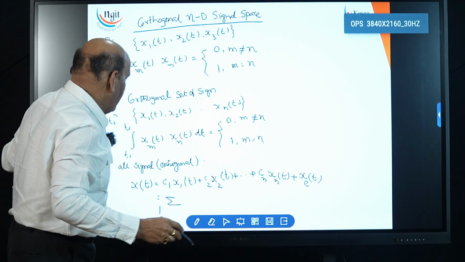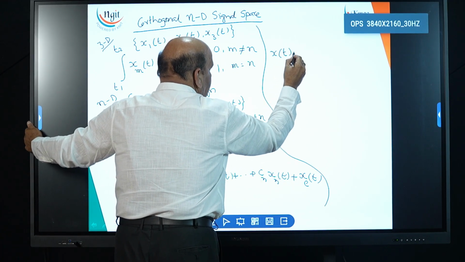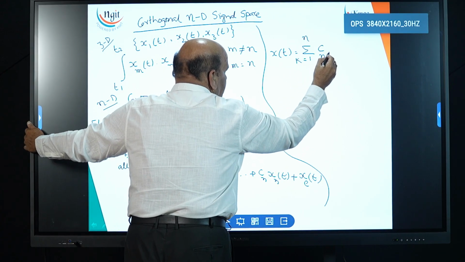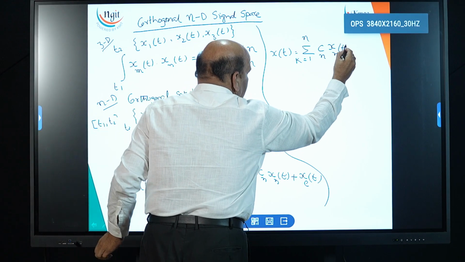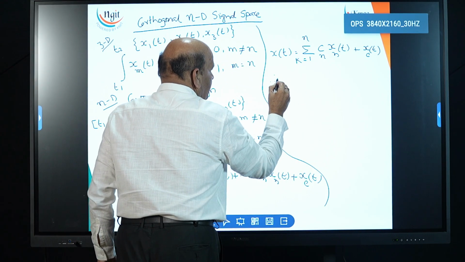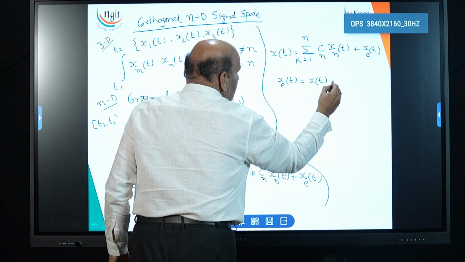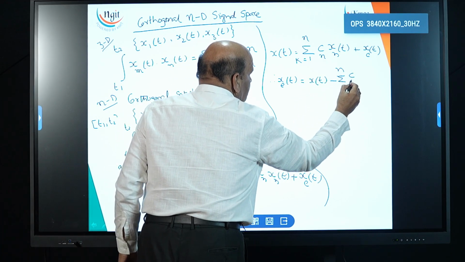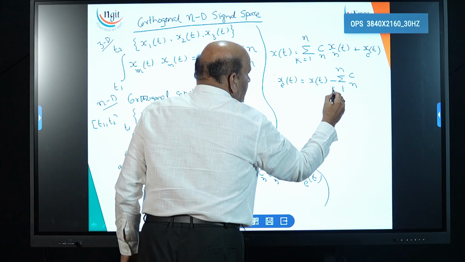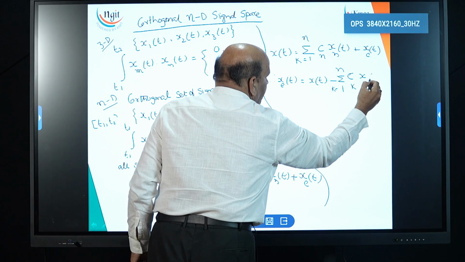So I will write it there. x of t can be written as summation k equal to 1 to n of ck xk of t plus some error of t. Therefore, the error signal can be written as x of t minus summation k equal to 1 to n of ck xk of t.